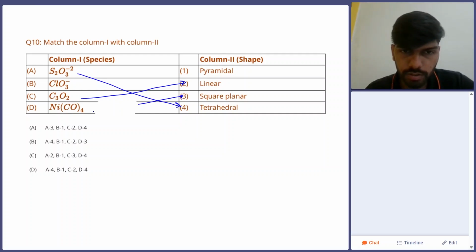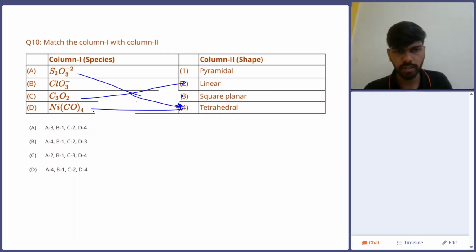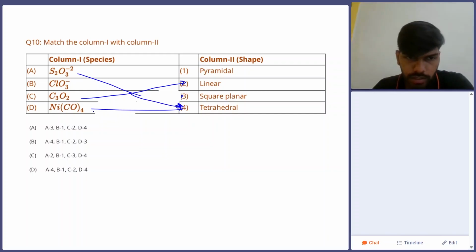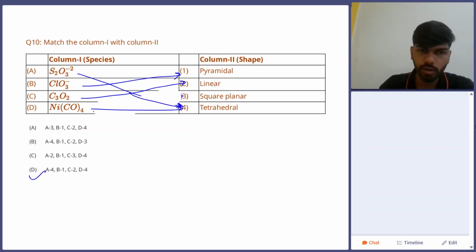D4 is not this one. So Ni(CO)4 is tetrahedral. This one is also tetrahedral. A4, D4, B is pyramidal, and C is 2. So the right option is D.